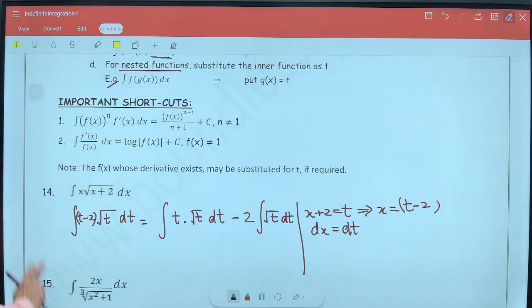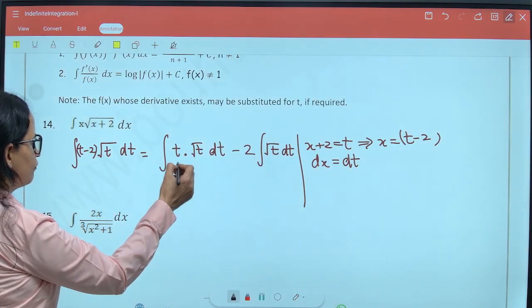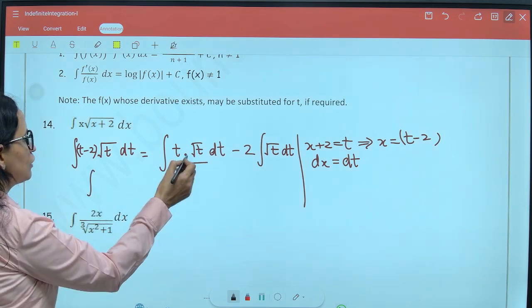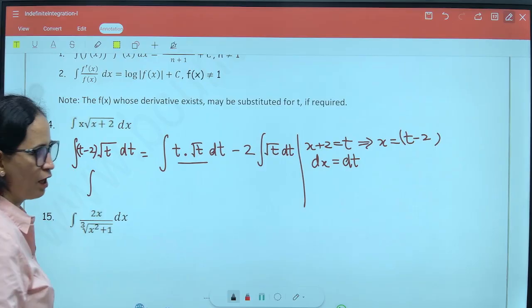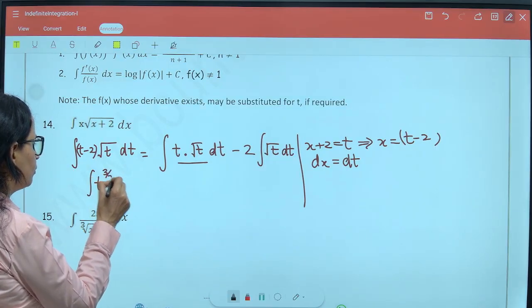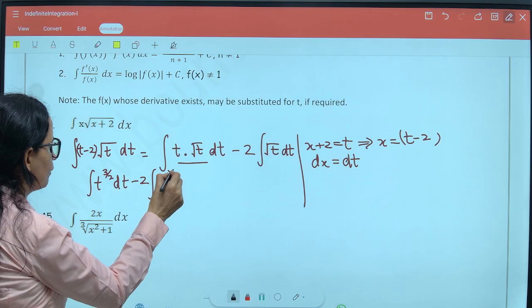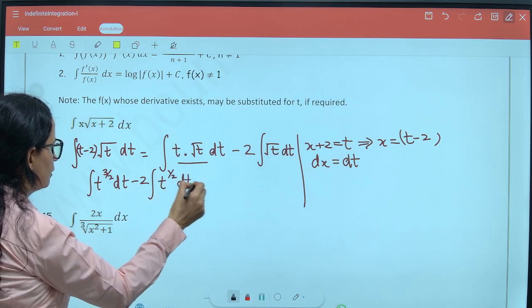Right? I have just opened this bracket. What is the power of t here? It is integral of t to the power 1 and a half, and 1 and a half is 3 by 2. So it is t to the power 3 by 2 dt minus 2 integral of t to the power 1 by 2 dt.